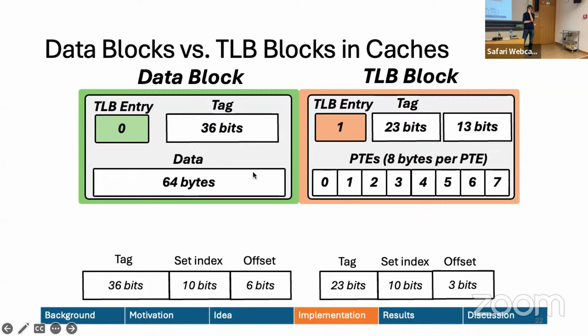If you have a private L2, then you're the only process running using that L2. That's right. The scenarios where you will evict a TLB block: if I need to evict something from the L2, that's one, which is handled normally. You simply do not put the TLB block anywhere.